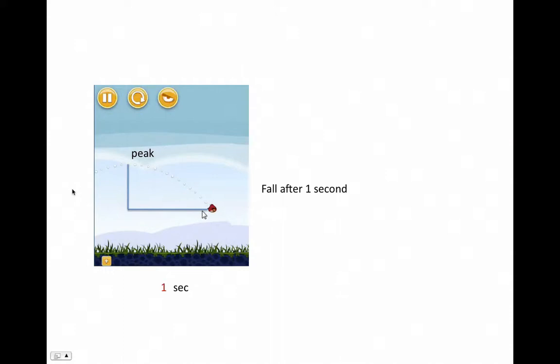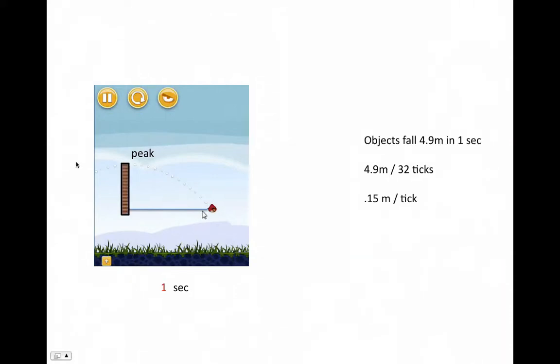And I have this little ruler, and since I know that objects fall 4.9 meters in 1 second, and this ruler has 32 ticks on it, it shows me that 4.9 meters is 32 ticks, and that is 0.15 meter per tick. So I'm going to use this ruler in the rest of my slides to measure things.